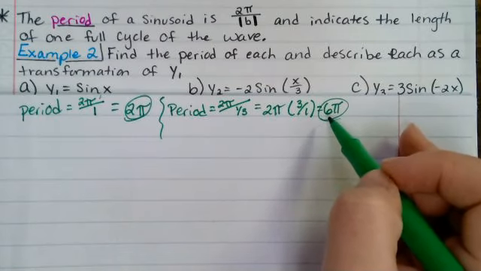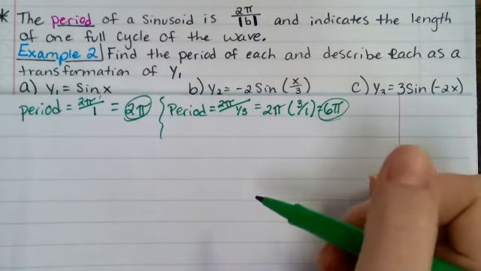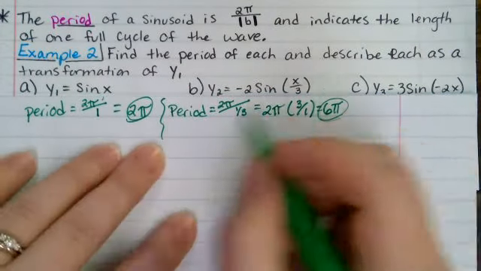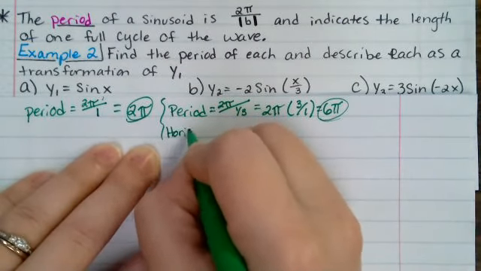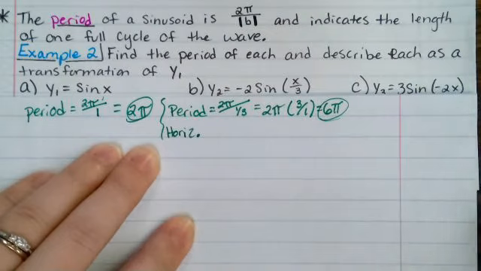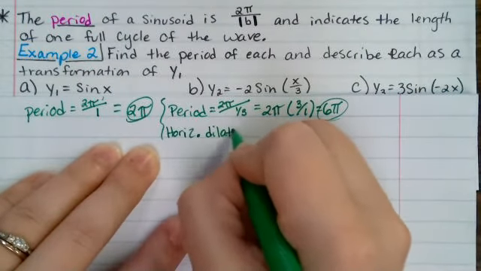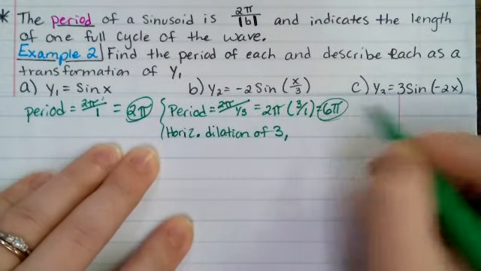So it has been horizontally stretched by 3. Don't fall into the trap of saying that the horizontal dilation was 1/3. Remember, with horizontal stuff, you do have to flip it. So we're going to say here that there was a horizontal, I'm going to just abbreviate to shorten my writing, but horizontal dilation of 3.